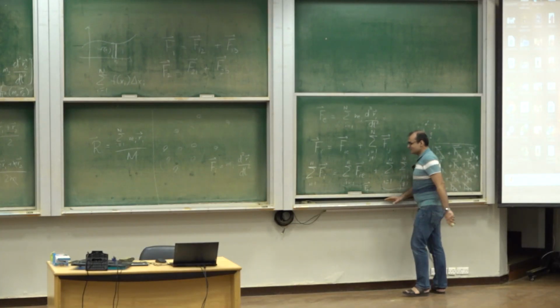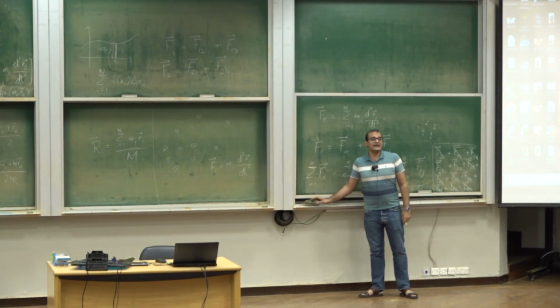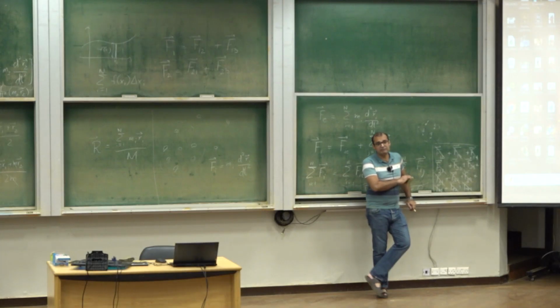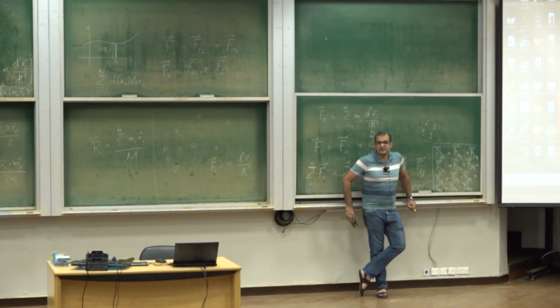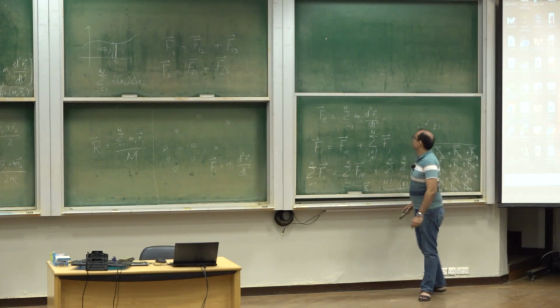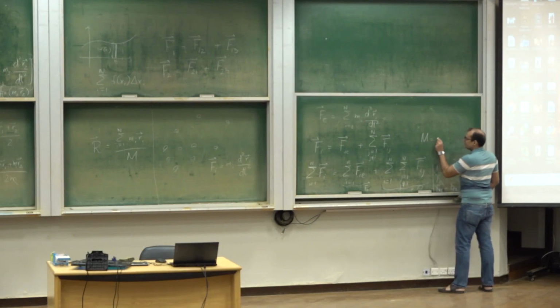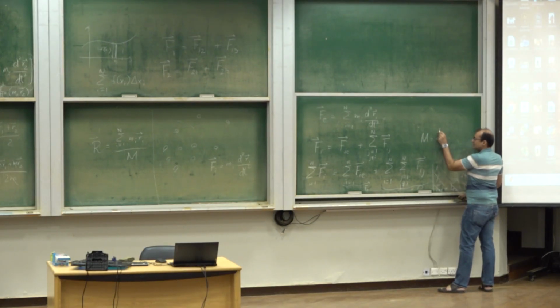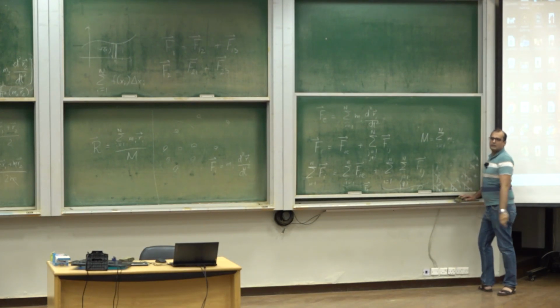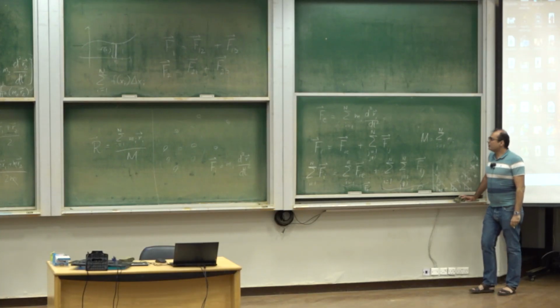ओके, सो दिस इक्वल्स, अब कैपिटल M मैं कैसे लिखूं? कैपिटल M ओवर हियर इज नॉट m1 प्लस m2. Capital M over here is the mass of all the particles within your system, equal to m1 plus m2 plus m3 plus m4 plus blah blah blah all the way to mn. Okay, so defining your capital M to be the sum of all the masses.